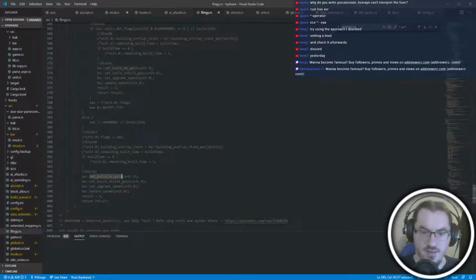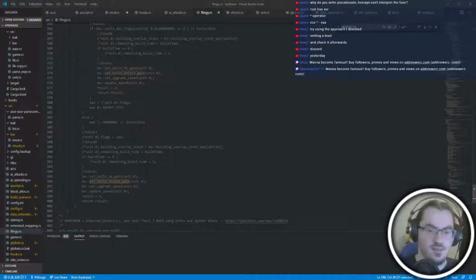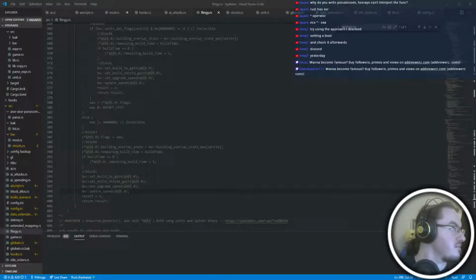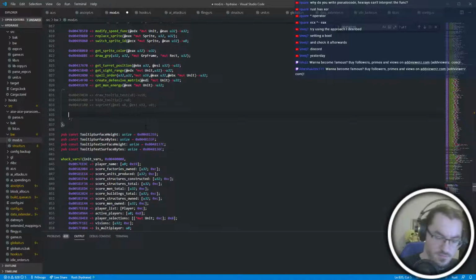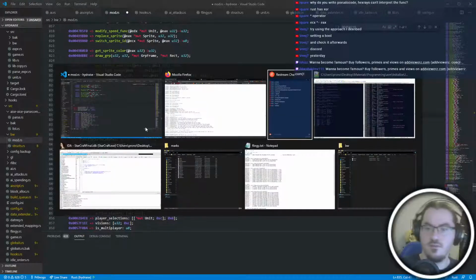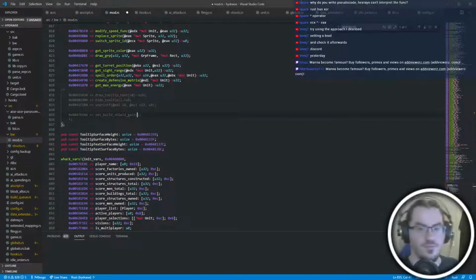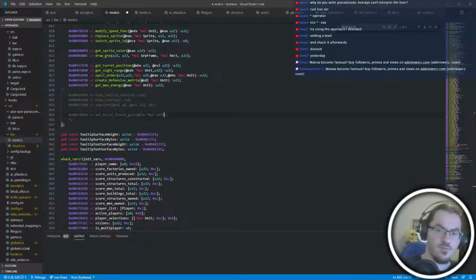Oh, boy. Alright, so set build shield gain. I have updated speed already.